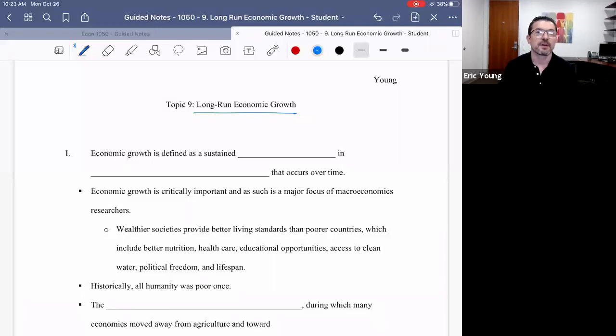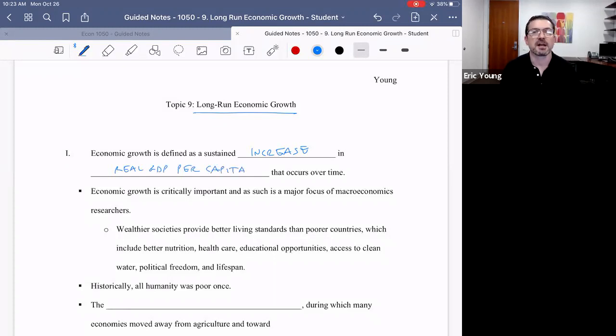So let's just start off with some basic definitions and get some background on this topic. Economic growth is defined as a sustained increase in real GDP per capita that occurs over time.